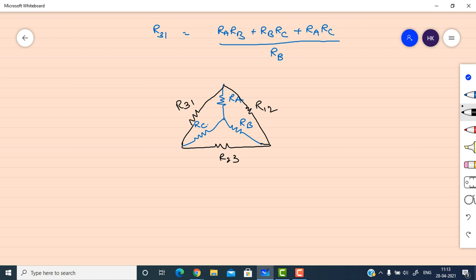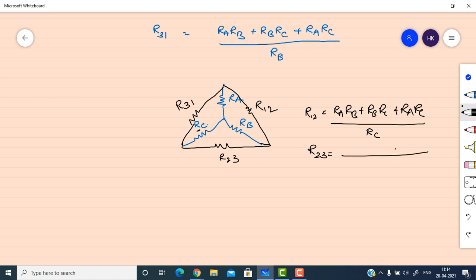For R12, directly opposite resistance is RC. So the numerator will be the same. R12 is equal to RARB plus RBRC plus RARC, the numerator is the same for all, divided by the opposite resistance. For R12 the opposite resistance is RC, so you have to divide with RC. In the same way for R23, the numerator will be the same.